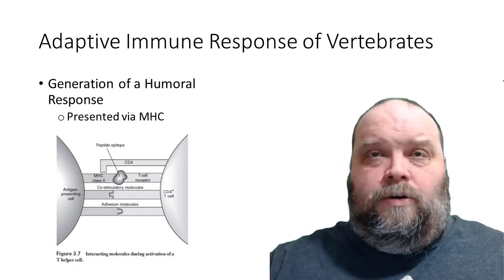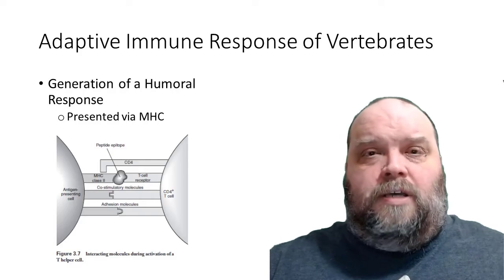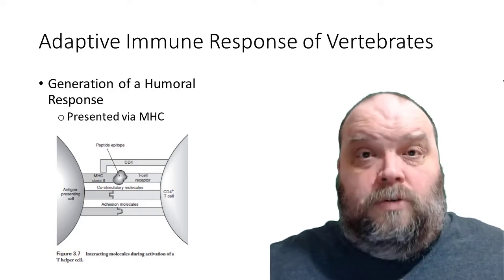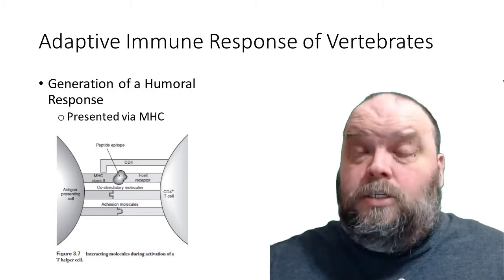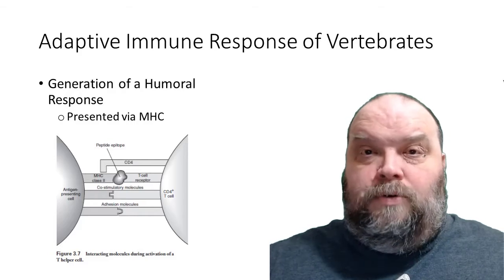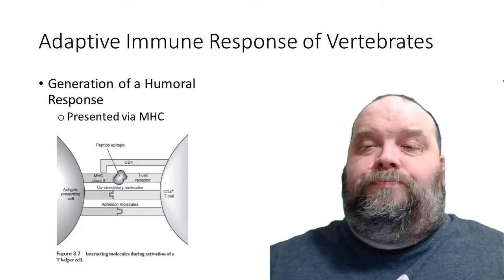Has a couple of other things sticking off that in this figure there that says co-stimulatory signals. What those are, don't worry. If you really must know, read that book that I linked on this chapter's page in Canvas, or take immunology with me.